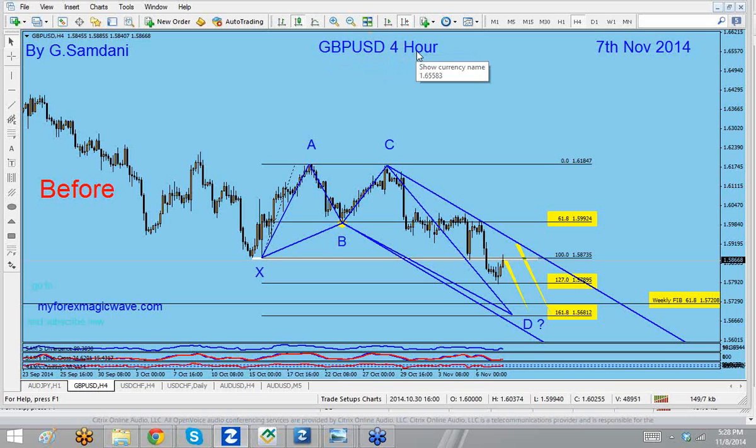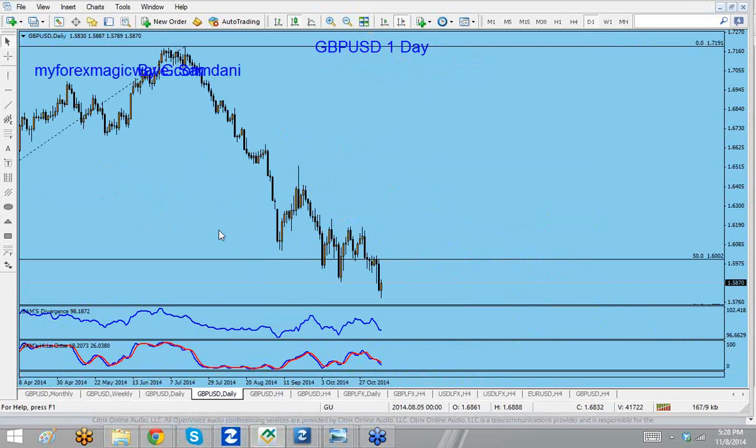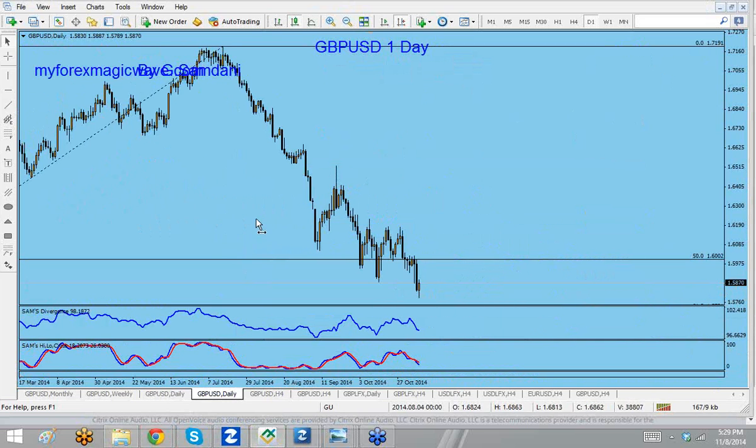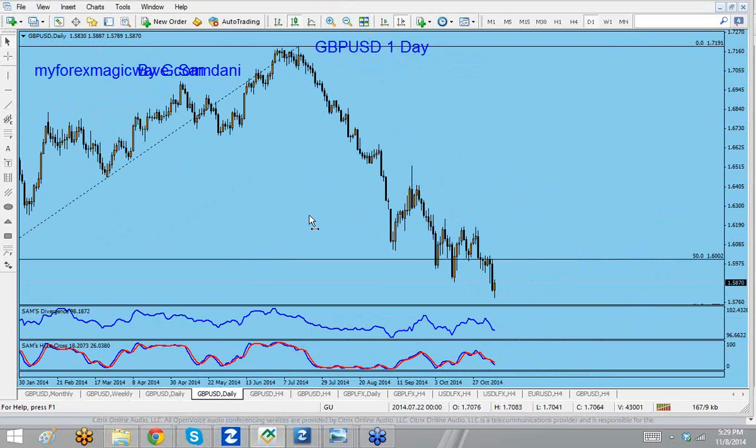This is the pound USD 4-hour chart, and pound has been dropping for quite a while. If you take a look, this is a daily chart, and from almost 172 we start dropping, and we are at 158 now, 159, 158.70 we close. A strong downtrend, but it probably will finish soon, but not now.